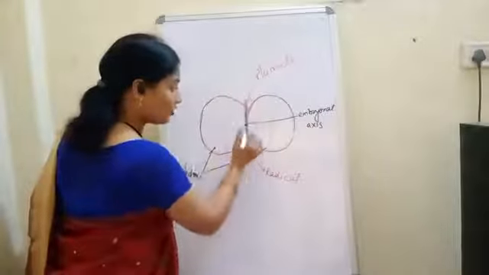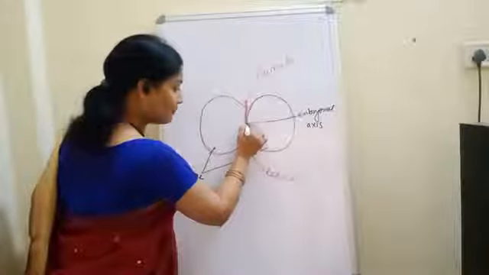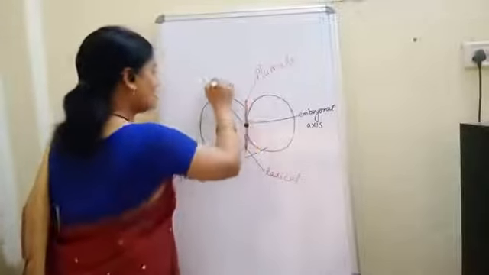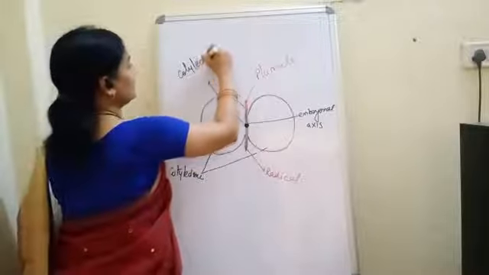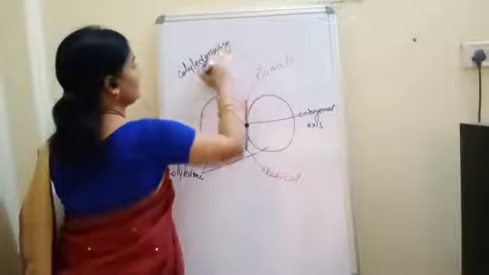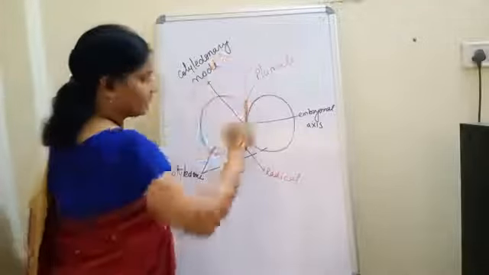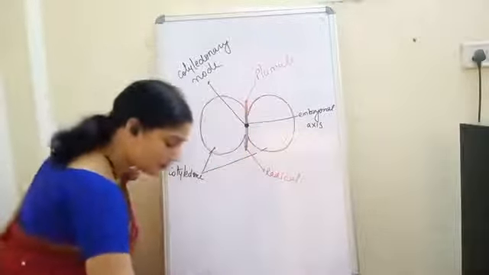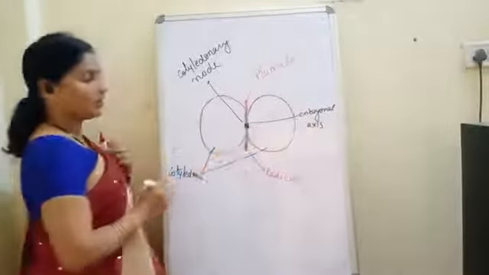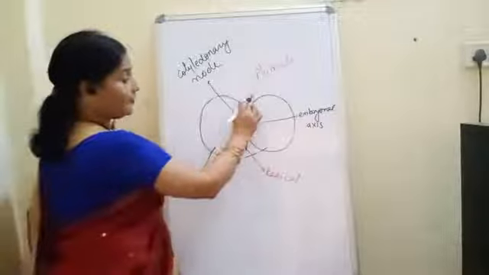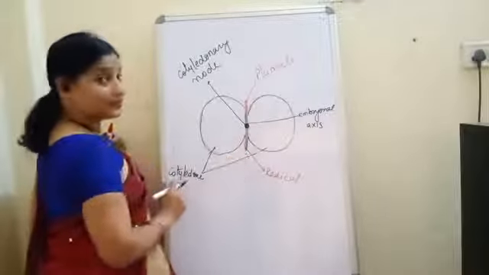The whole is the embryonal axis, and the mid of this is called the cotyledonary node. Now this connection is called the cotyledonary node. Above is plumule, down is radicle.